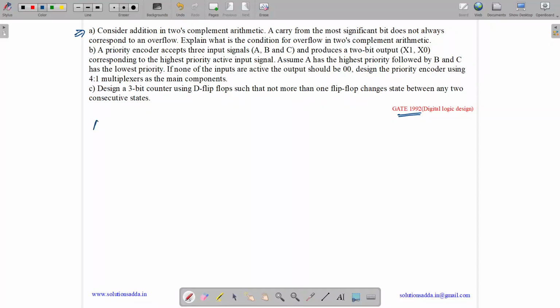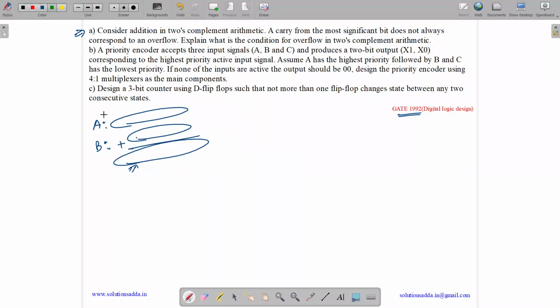Okay. So if we have been given two numbers A and B in 2's complement arithmetic and we perform the addition of A and B, then we get some output. In these cases, a carry coming out of the most significant bit does not always guarantee an overflow. There is a condition for overflow.